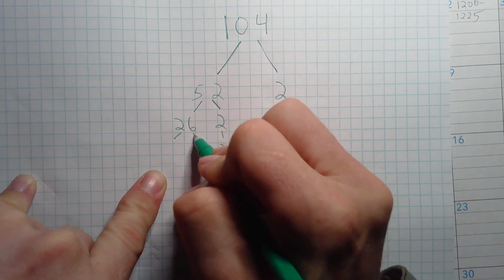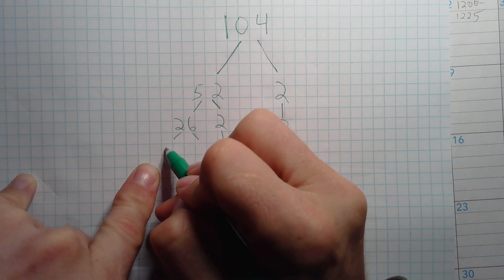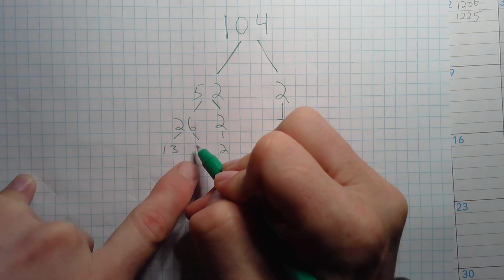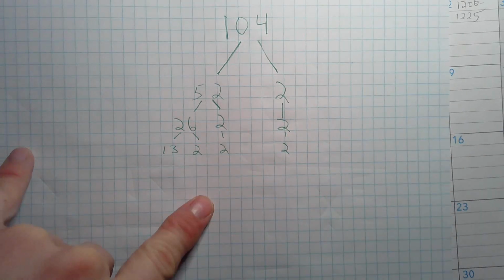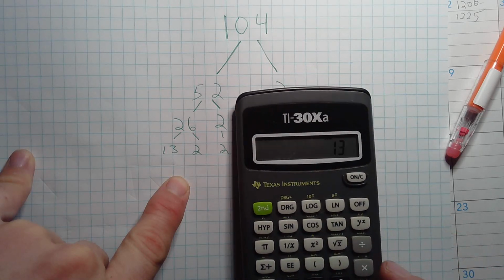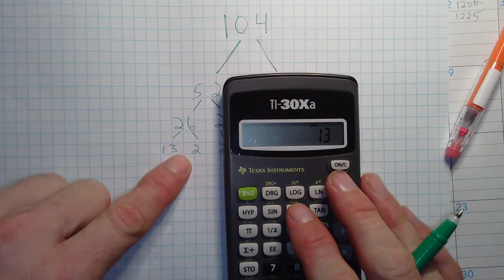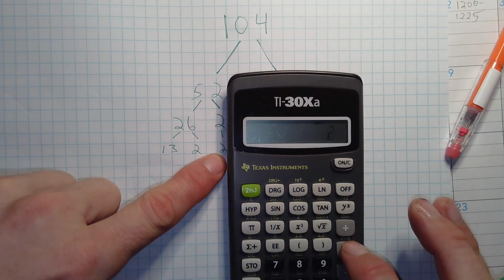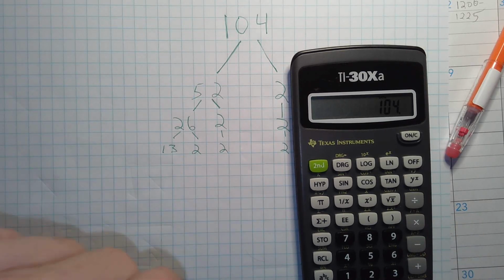And what makes up 26? Well, 13 and 2. So prime number, prime number, prime number, prime number. Let's multiply them all together real quick. 13 times 2 times 2 times 2, and I have 104.